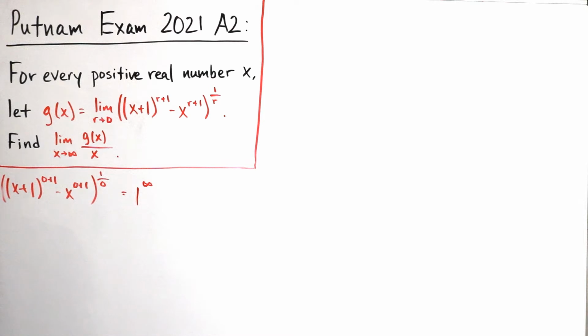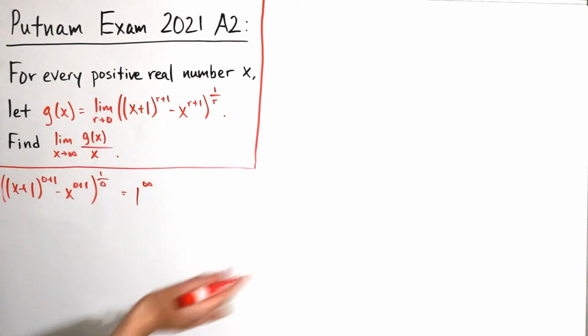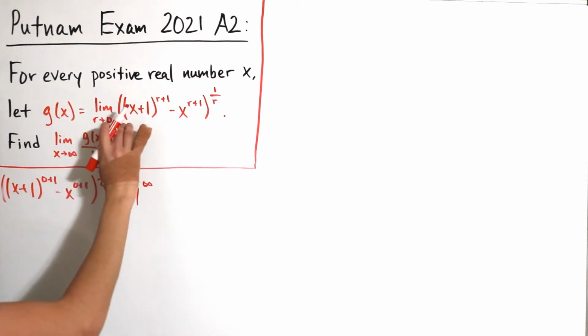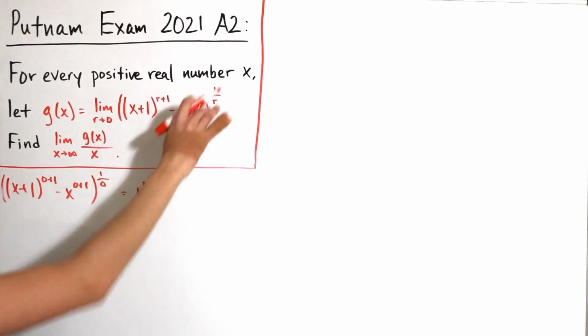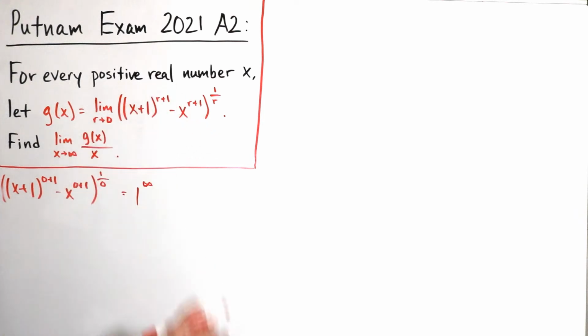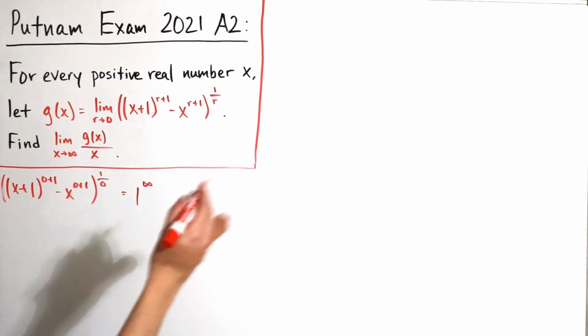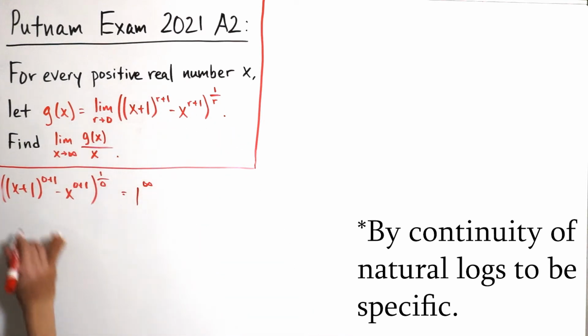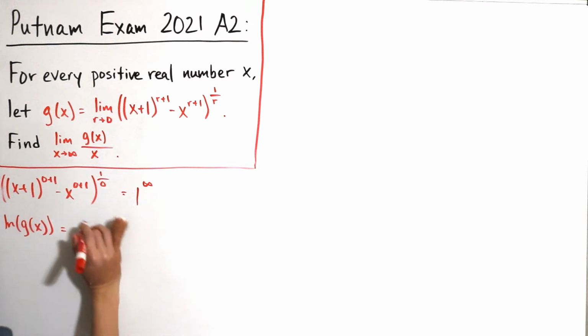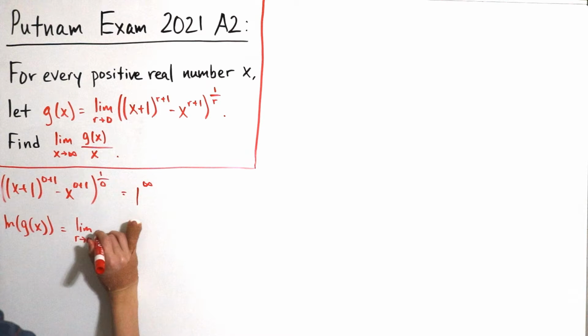Also, worth noting that for r greater than or equal to 0, if we look at just the inside expression of our given limit, excluding this exponent, you'll notice that this inside expression is strictly greater than 0. So applying this, we can take the natural log of both sides. That means we have the natural log of g of x equal to the limit as r approaches 0 of ln.